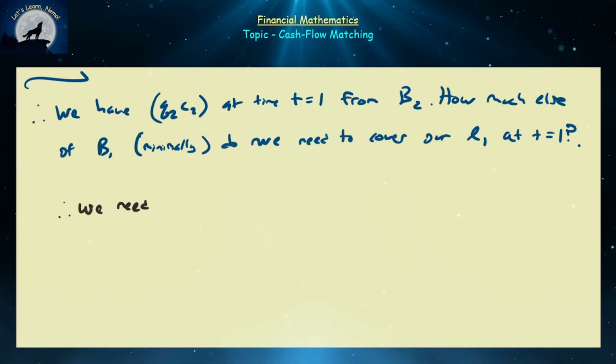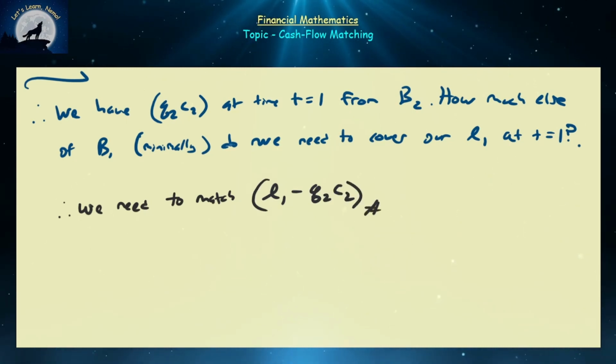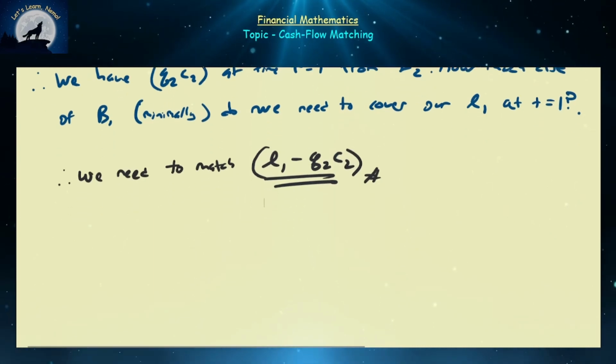So we need to match L1 minus Q2 times C2. That's the amount that we need to match. We need to match our liability, but we're already getting Q2 C2 covering at least part of it. Maybe all of it. Who knows if those coupon payments or interest payments are large enough.